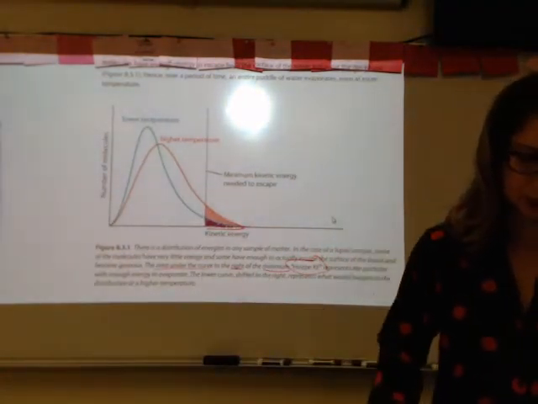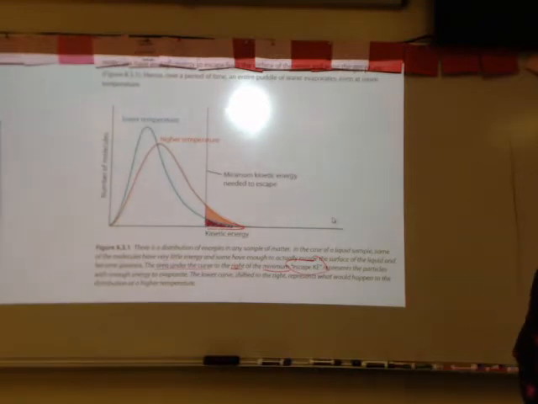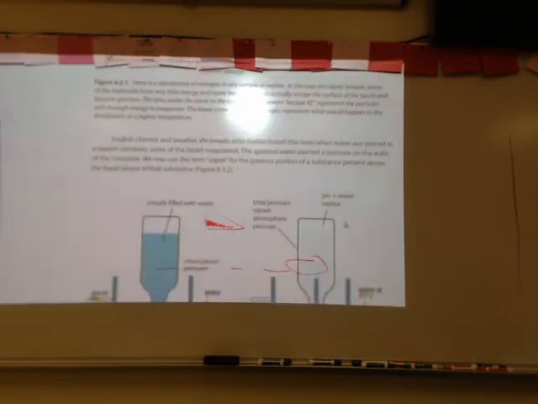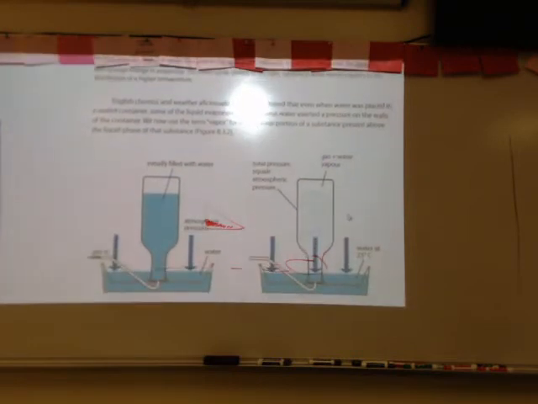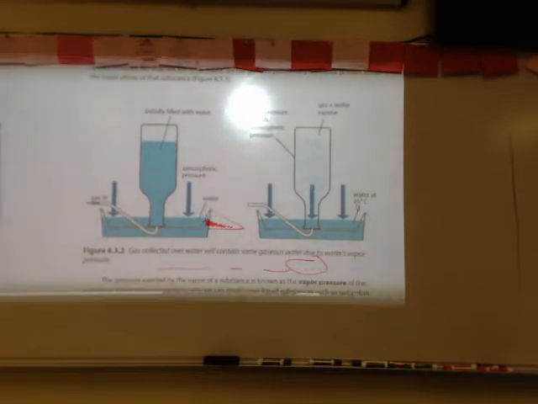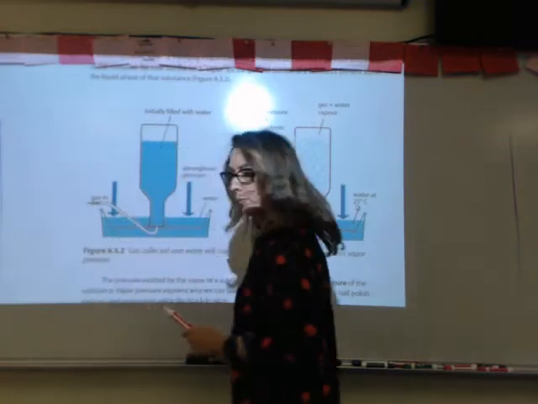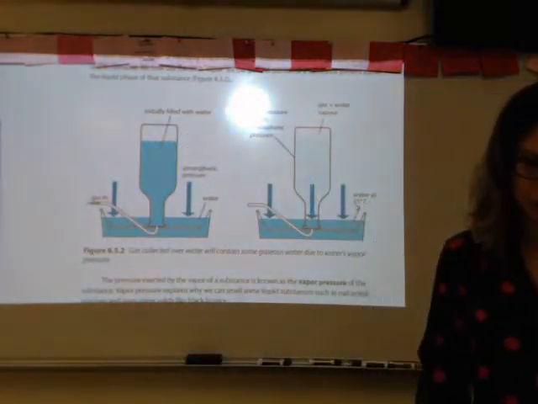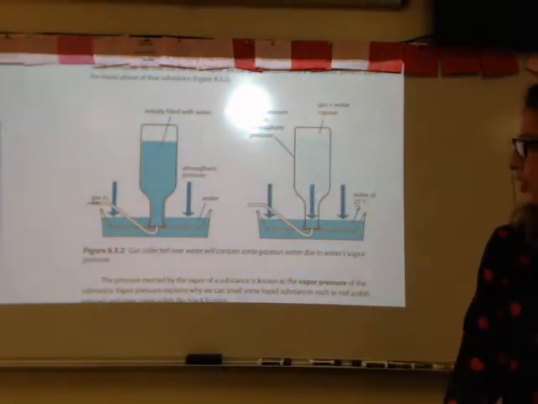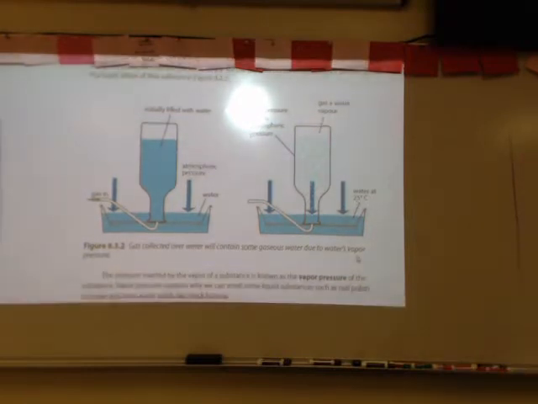And we use the term vapor for the gaseous portion of a substance that's present above the liquid phase of that substance. So here, I'm looking at the pressure that's exerted by the vapor above itself.